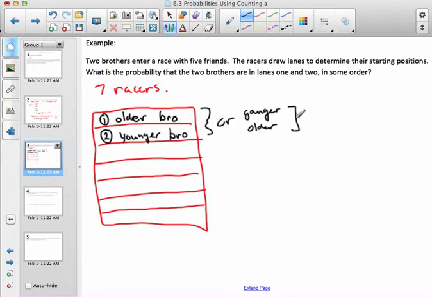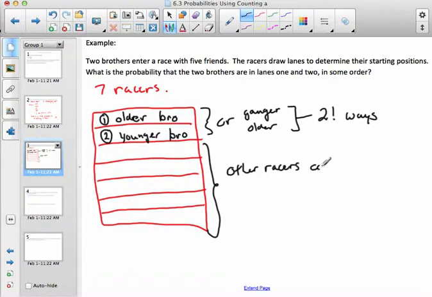So this leads to 2 factorial ways that the brothers are in lanes 1 and 2. Now, the other thing that we have to look at are the remaining 5 racers. So the other 5 racers can draw 5 factorial arrangements.